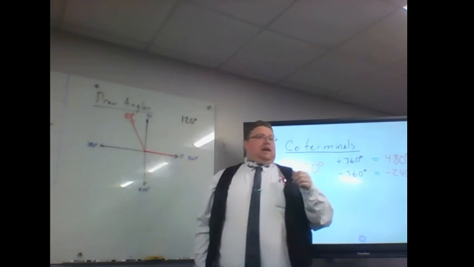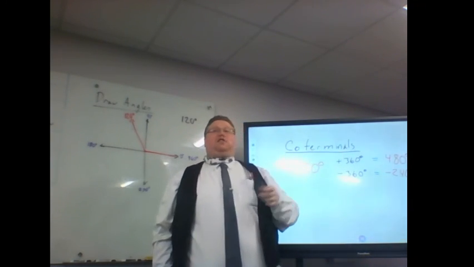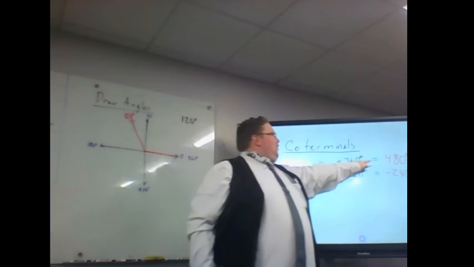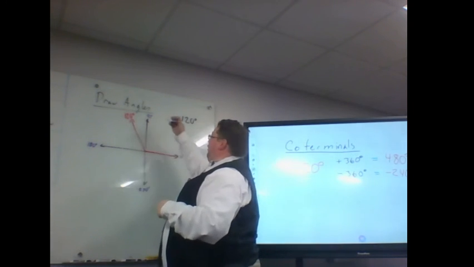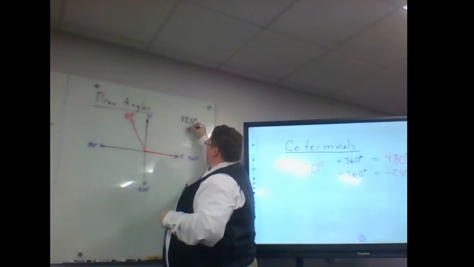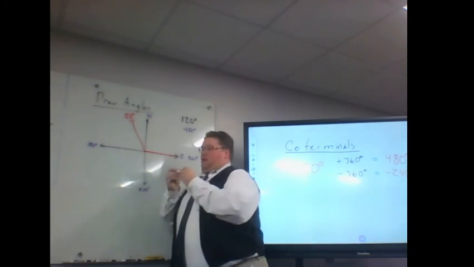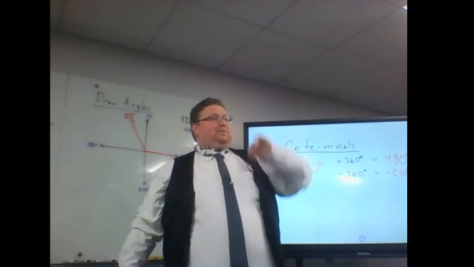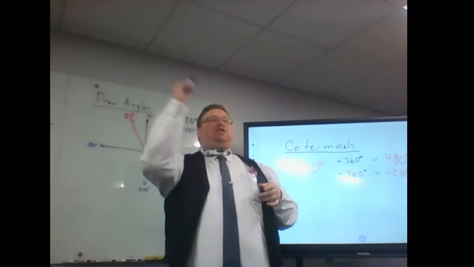Now, if I wanted one of the coterminals, I'd have to make an adjustment. In this case, purple, 480. There's 120. 480 is coterminal to 120, so it's going to end in the same spot. The difference is it is one spin farther.